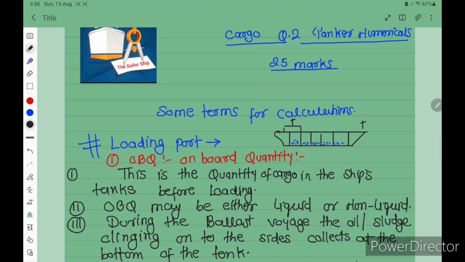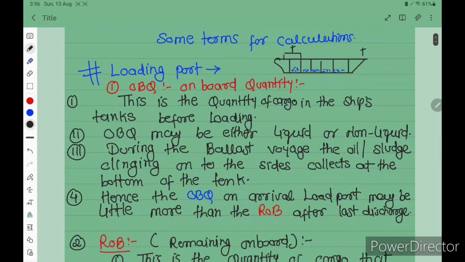So they will check and find out the quantity, how much OBQ you have. This is the quantity of cargo in the ship tanks before loading. So before loading, when the surveyor checks, they found some quantity of oil, sludge, whatever, that they declare as the OBQ, onboard quantity. So OBQ may be either liquid or non-liquid.